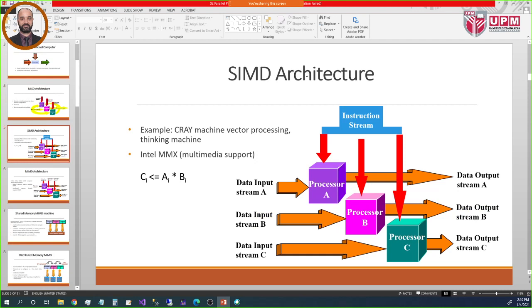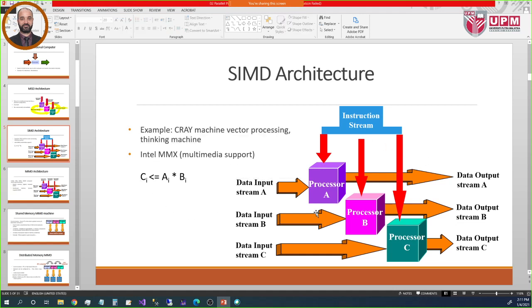Also, SIMD architecture is not available in the market so far. Some examples are only the Cray machine with vector processing, or the Thinking Machines computer, which, to my knowledge, was built in the 1970s and is no longer on the market, and Intel MMX multimedia support.